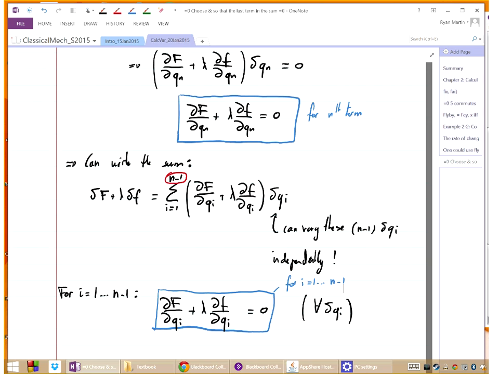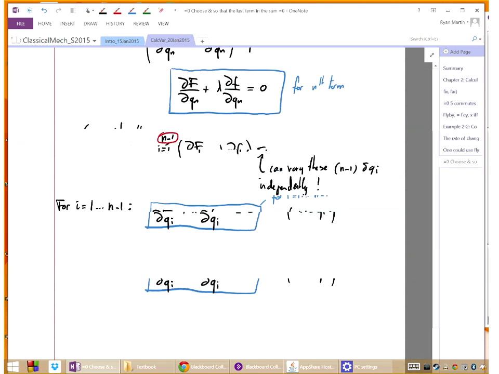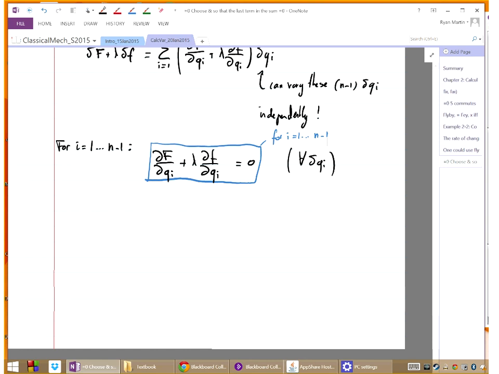So that's the true genius of this method, is that it tricks you into thinking you're making one of the variables special, but you're not. And then you end up with the same equations for all the variables. So this means that we can rewrite this method a little bit more generally.